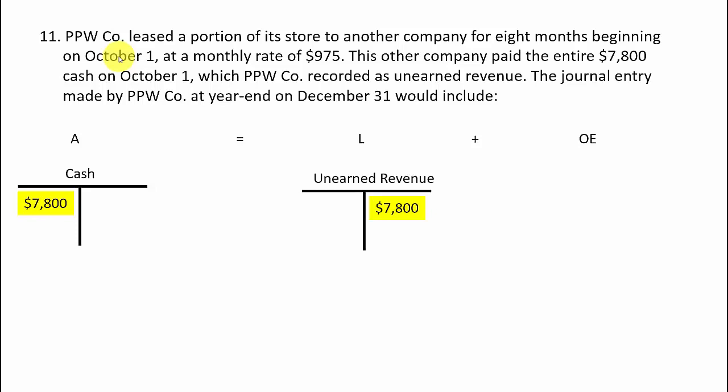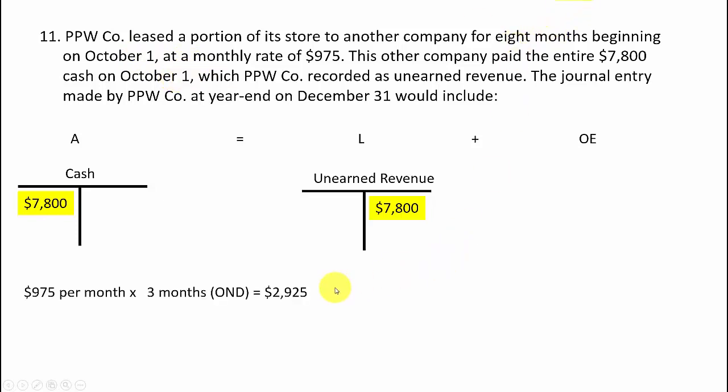Now the question is, how much of this unearned revenue or liability should be counted as a revenue for the 3 months October, November, and December? And remember, this $7,800 payment was for 8 months.